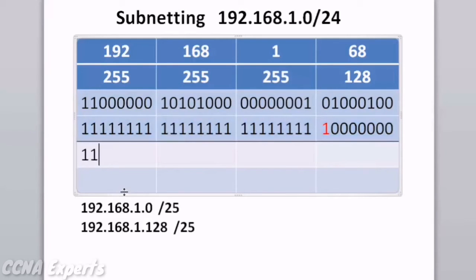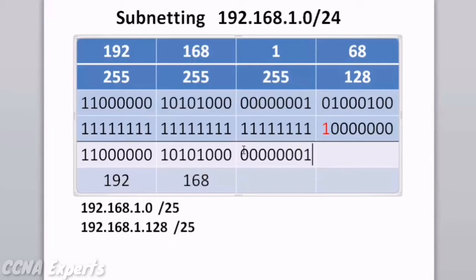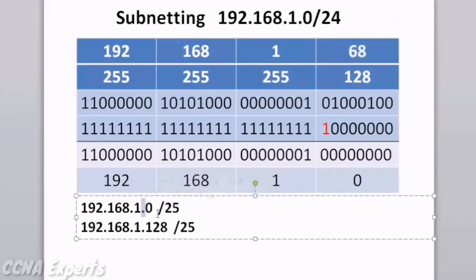We'll get 192, then 168, then all zeros and a 1 in the last octet. A false and a true makes a false. A true and a false makes a false. And then we get all zeros here. So the network address is the 192.168.1.0 network. Host number 68 is on the 0 network.